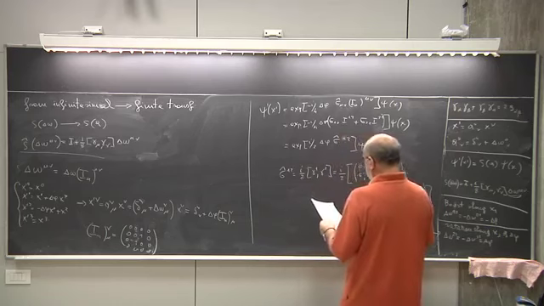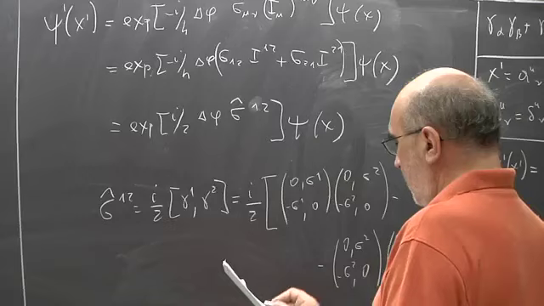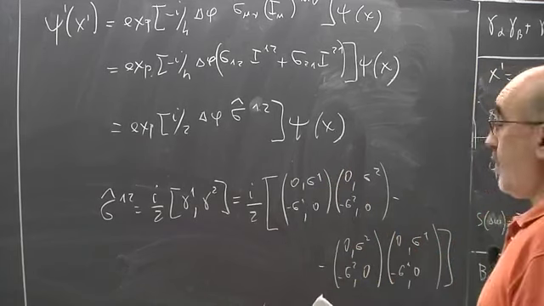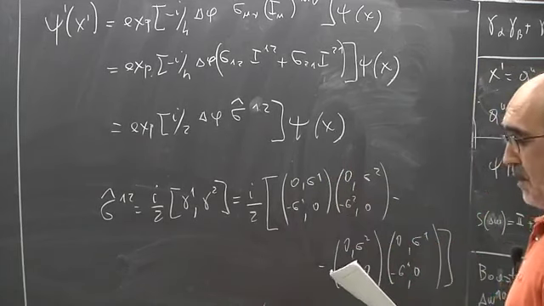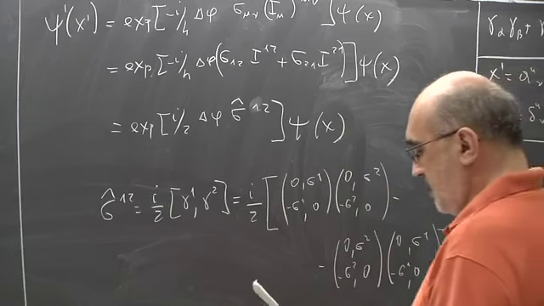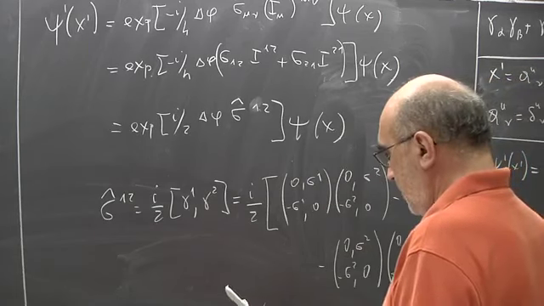If you work this out, remember the commutation relation from here, you get minus sigma_1 sigma_2, but let's do it.